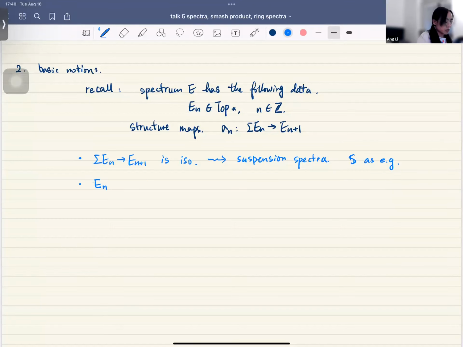So for that, you want to restrict the E_n to be CW complexes, and you want the structure maps also restricted to be inclusions of subcomplexes.